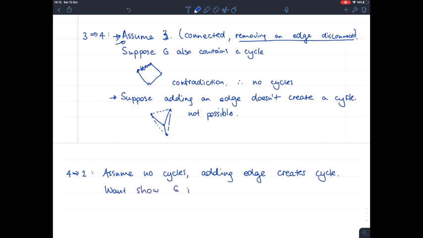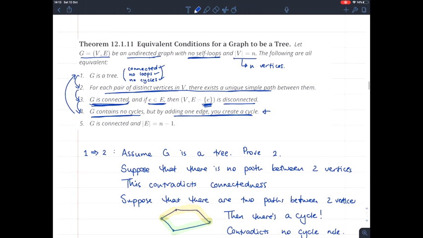that G is a tree, and remember that to be a tree you need to be connected, you need to have no loops, and you need to have no cycles. We don't actually have to check that our graph has no loops, because we said right at the beginning of the proof that we have no self-loops.